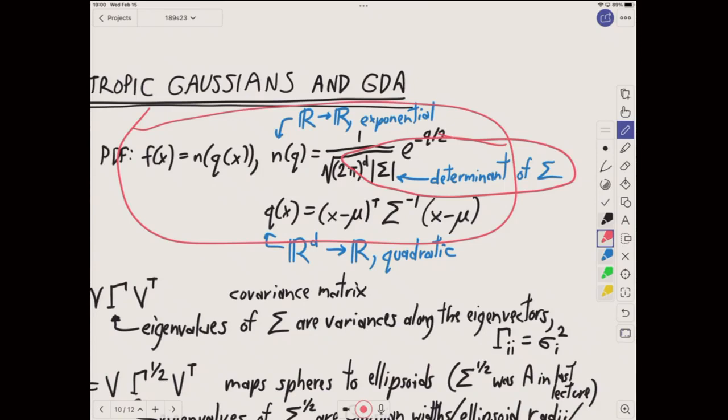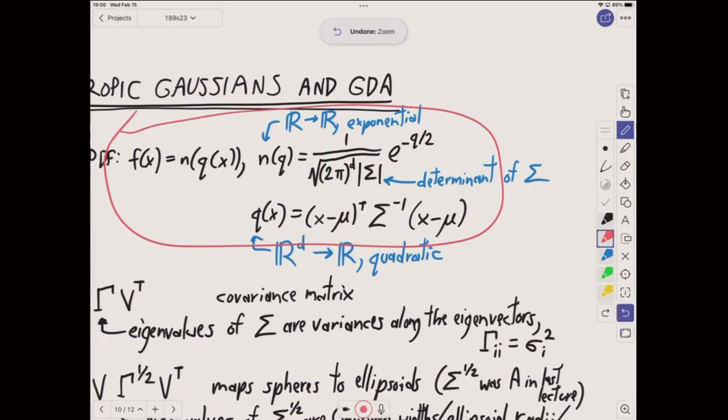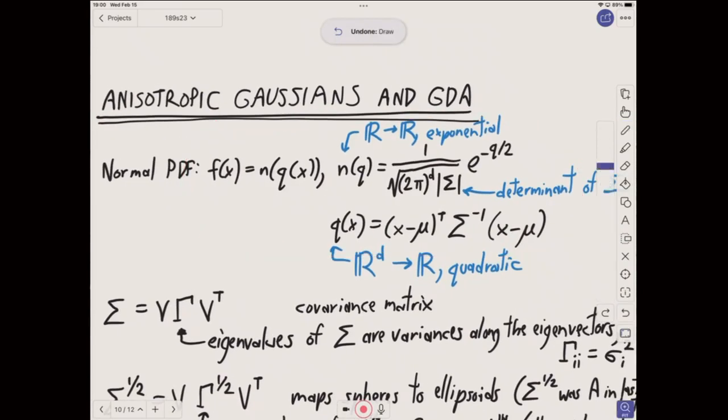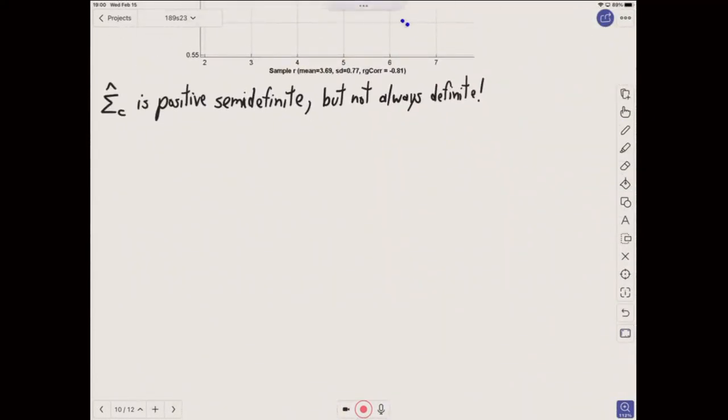So I don't want to say too much about what you do because I think that's a question on homework 3. But anyway, this is a problem. Again, in homework 3, there's a question where we ask you to think of a creative way to deal with a case where this turns out to be singular.